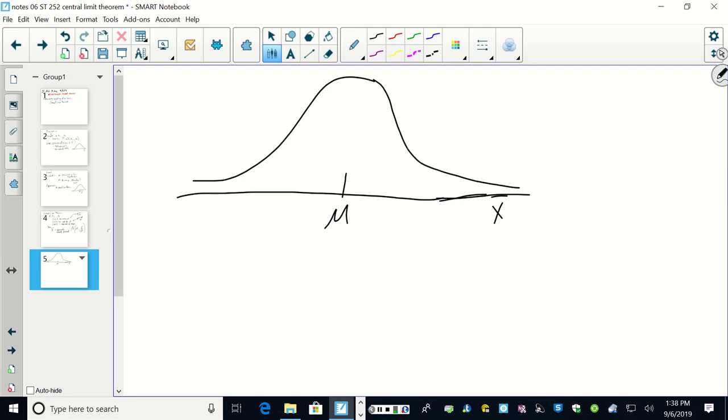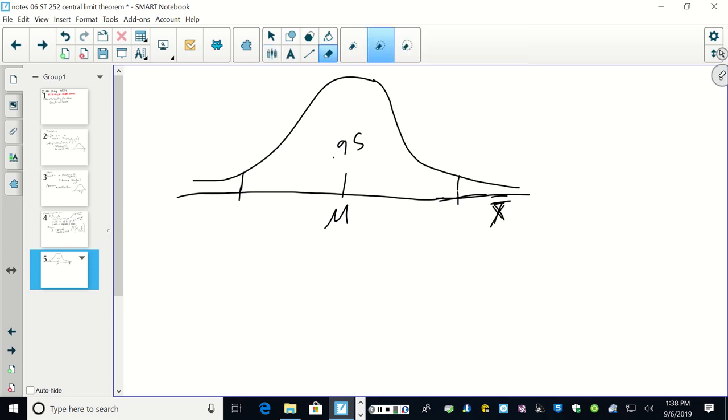And then, the formula for the normal, that is plus or minus 1.96 standard deviations of a distribution contain 95%. So about that over to here, you have about 95% of this total area, or 95% of the probability.